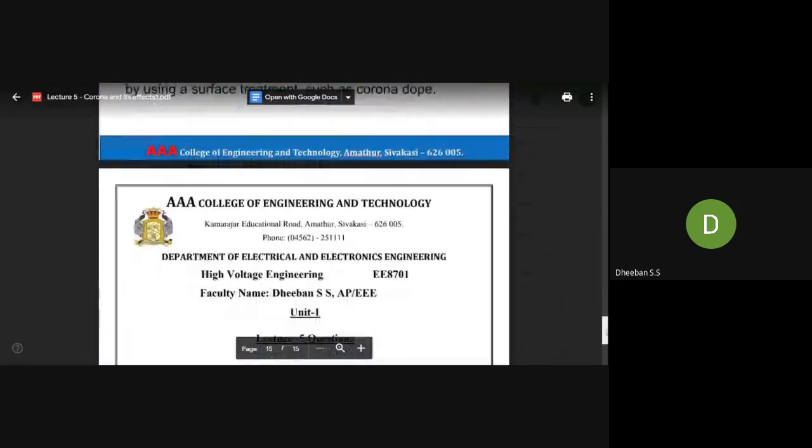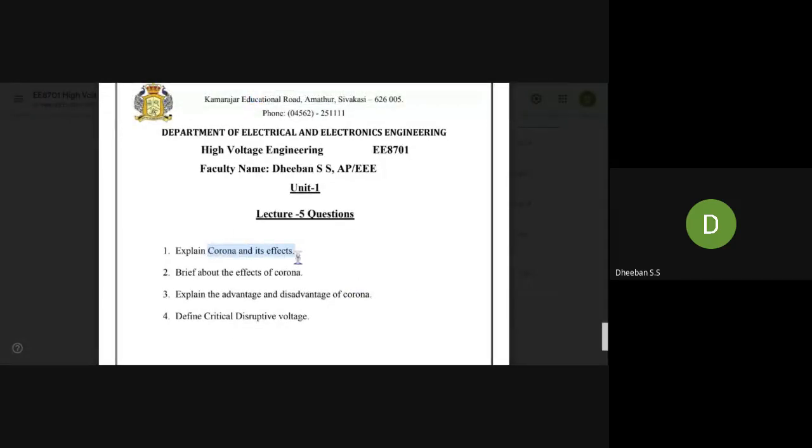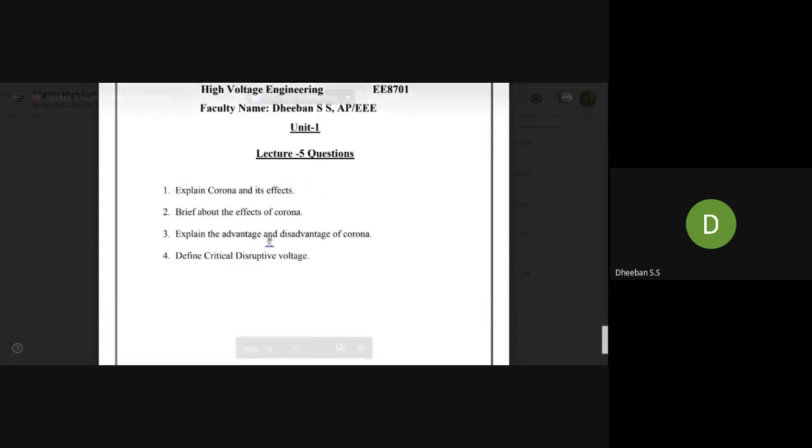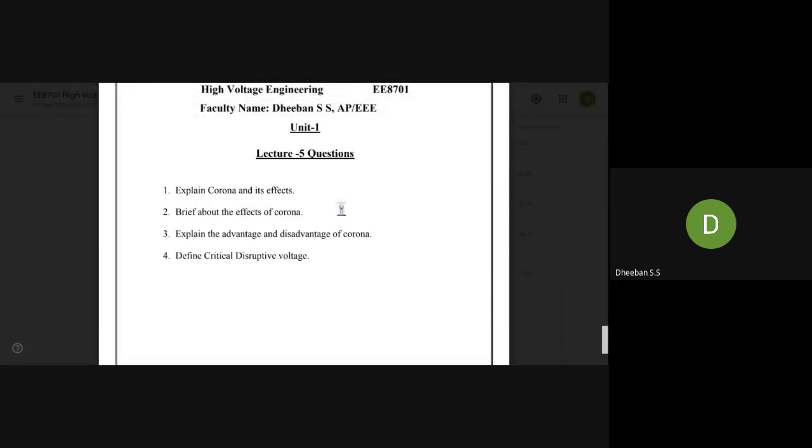On this topic, the possible questions we can expect are: what is corona and explain its effects, which they might ask as a Part B question. You have already studied the effects of corona clearly as a 13-mark question in your T&D subject.